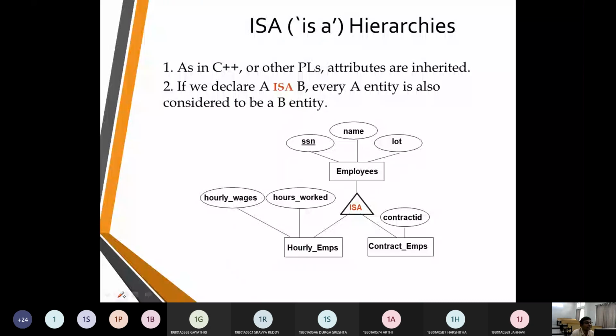We are going to extend a new concept, the is-a relation. The is-a relation takes an object-oriented programming concept called inheritance, which is implemented in C++ and in Java.